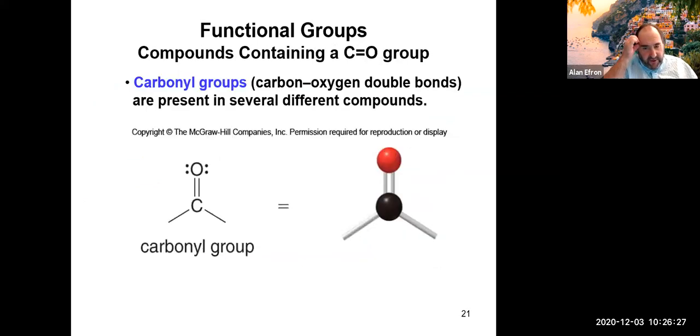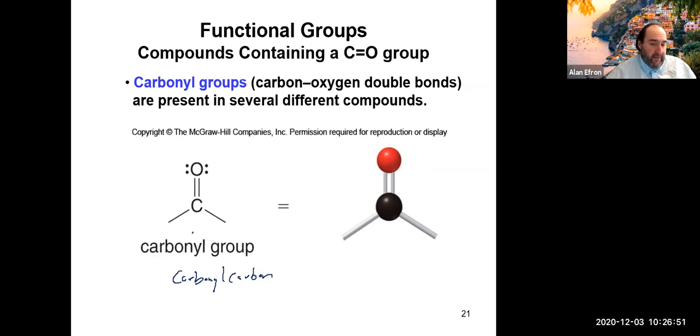A lot of functional groups will contain this group here, which is an important thing in organic chemistry. This is the carbonyl group, and this is sometimes referred to as the carbonyl carbon as well. It is basically the carbon oxygen double bond.